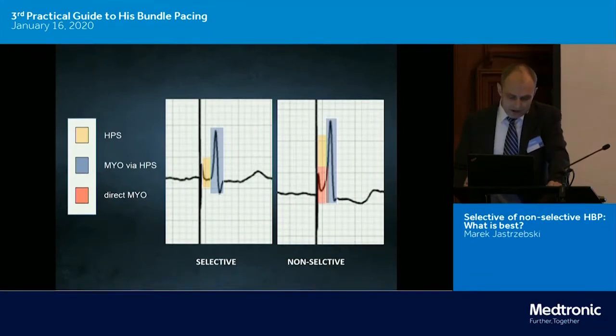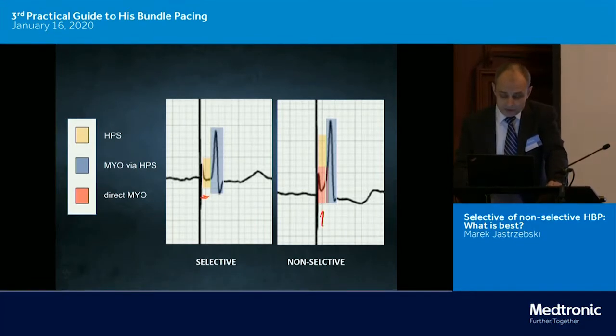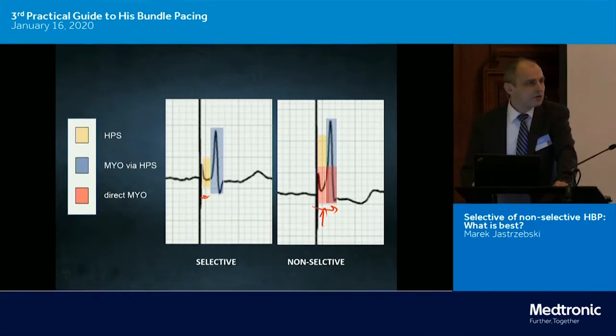A simplistic way of looking at selective and non-selective pacing is that during selective pacing we have this isoelectric interval, this yellow bar, that is replaced by a pseudo-delta during non-selective capture. But this is very simplistic. The truth is the myocardial wavefront that starts with the pseudo-delta goes on, and it influences the whole QRS.